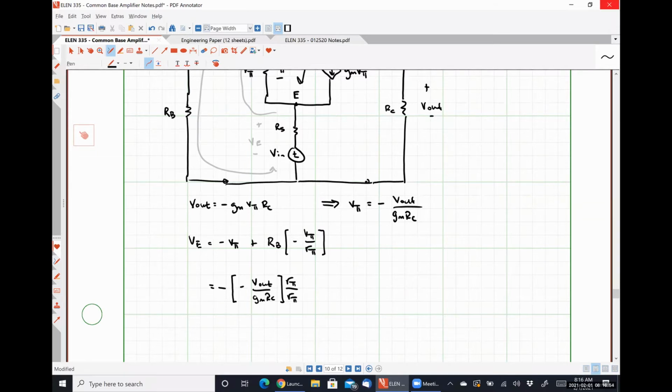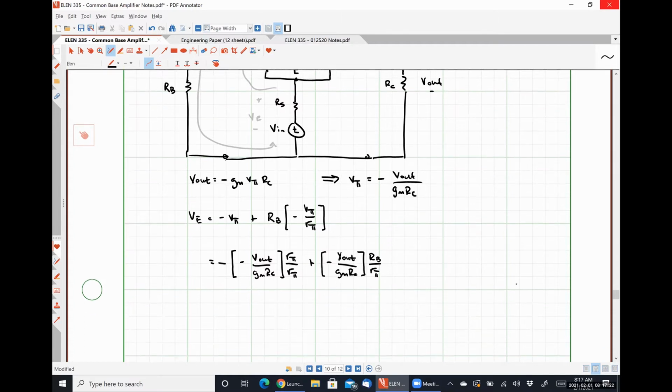So I just want to be clear about what's going on there. Plus negative V out over GM RC. And I have a factor of RB over R pi here.